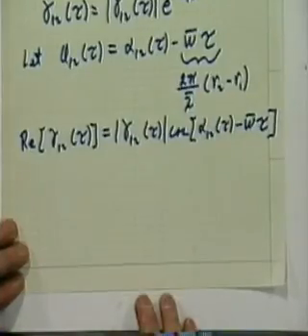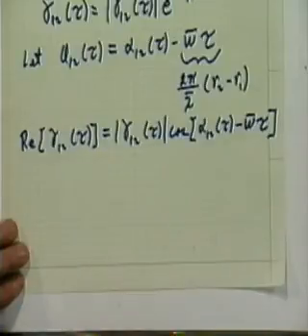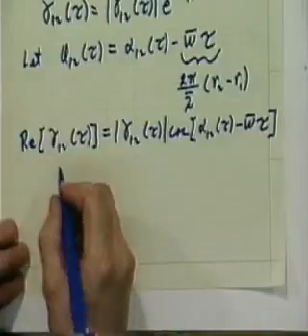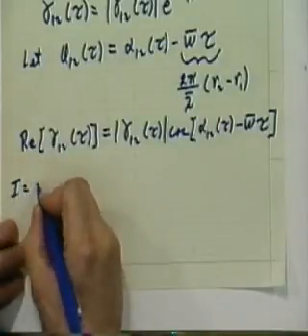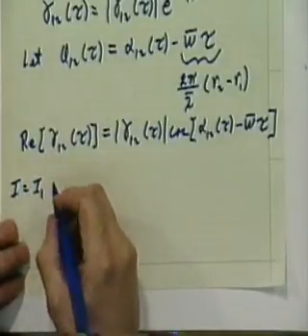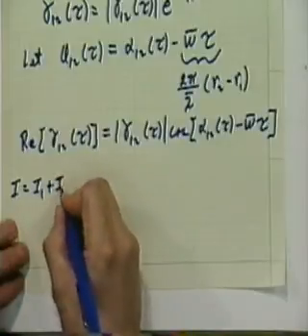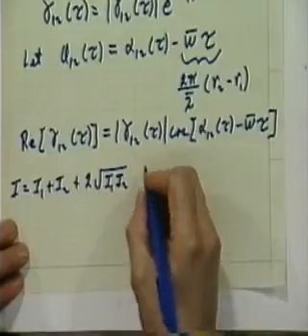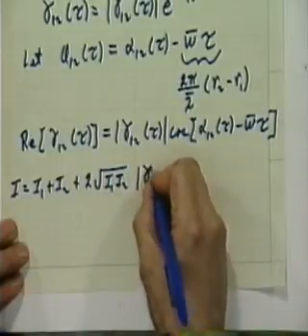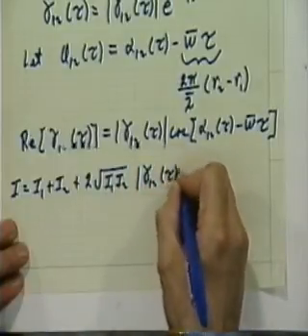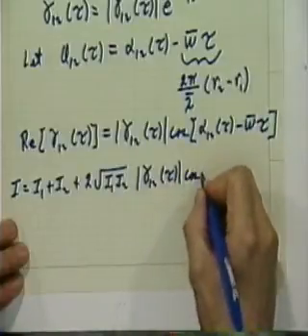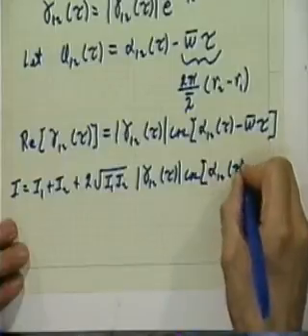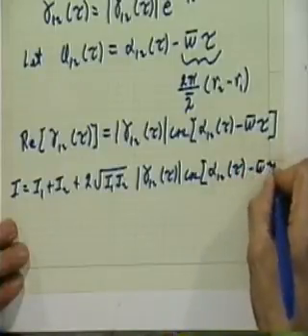And so I can then rewrite the irradiance. I is I1 plus I2 plus 2 times the square root of I1, I2, times the magnitude gamma 1/2 of tau, times the cosine of alpha 1/2 of tau minus omega bar times tau.